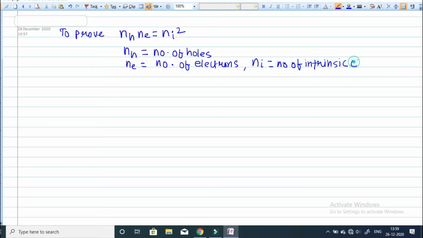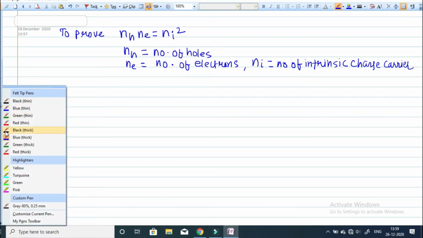So in the previous video, what we have seen, in case of intrinsic semiconductor, basically number of holes and number of electrons are same. Both are equal in number.